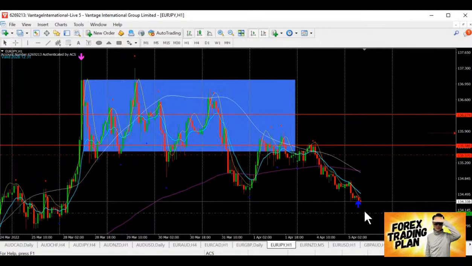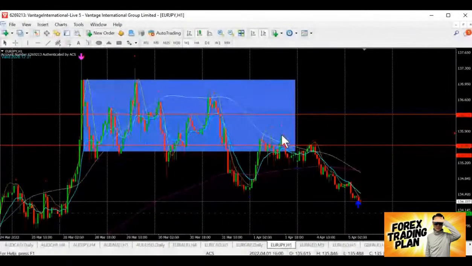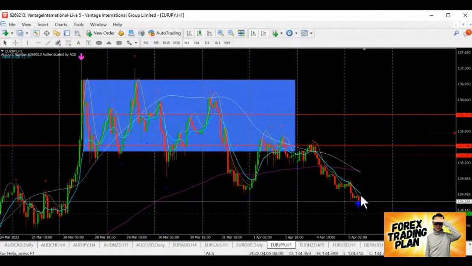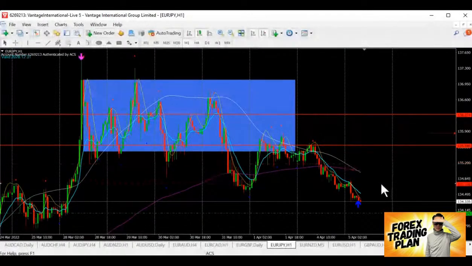Yes, if we meet up with another resistance, because this is a trending market, right? A low here, a low here, and a low here. So we are still making lows. Let's see, if I put this support here, it should be around this region.